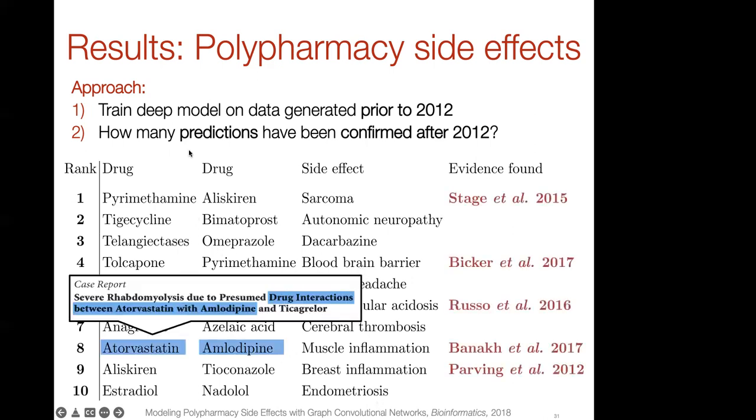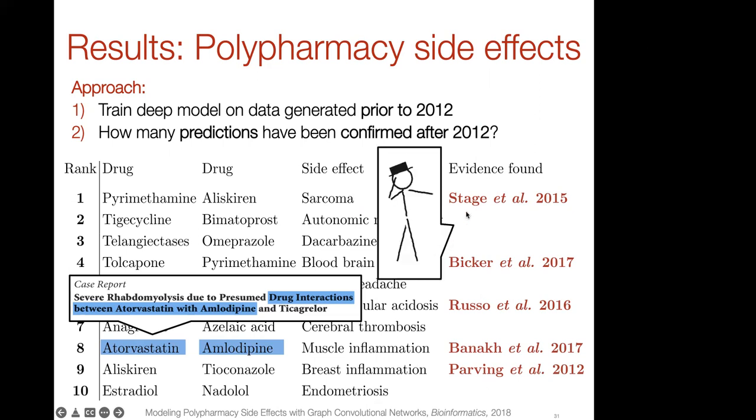and we found that for many of those we were able to find evidence of patients that were on a set of drugs that were predicted by the algorithm and experienced the undesired side effects later on. And that was exciting.